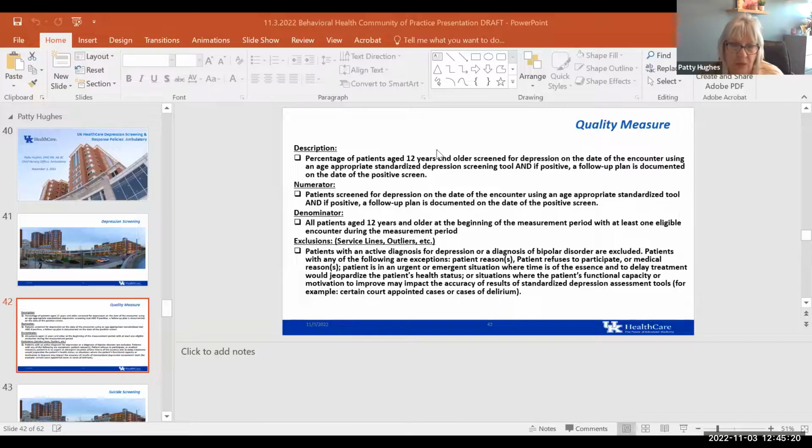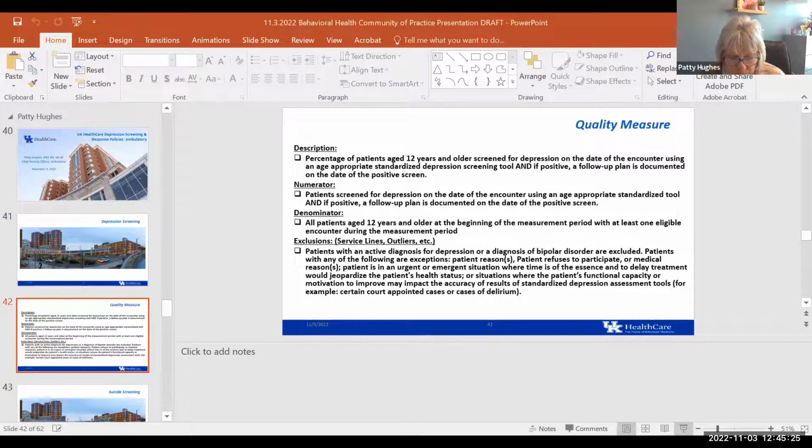So on the slides that I think they're getting ready to bring back up, I've just got the definition of the quality measure, and it very specifically talks about who we monitor and who is excluded, and you can read that for yourself. And then we look at suicide screening, and as Mark already mentioned, it's a national patient safety goal.